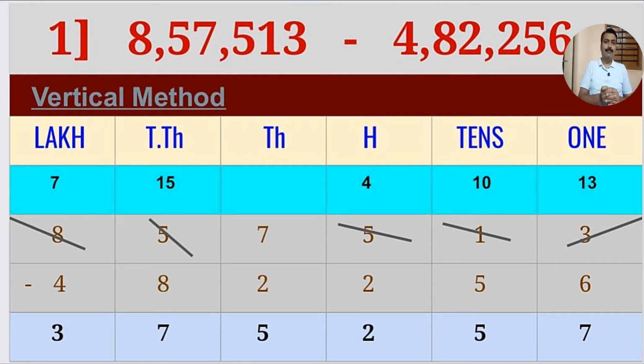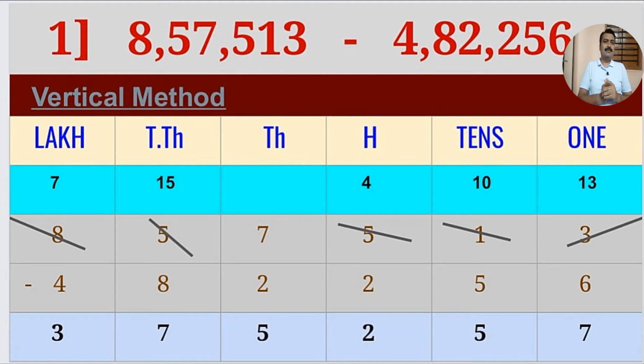Thereafter we take the minus sign, and then we arrange the second number, 4,82,256. While arranging this second number, again we continue in the opposite way, starting from the ones place.